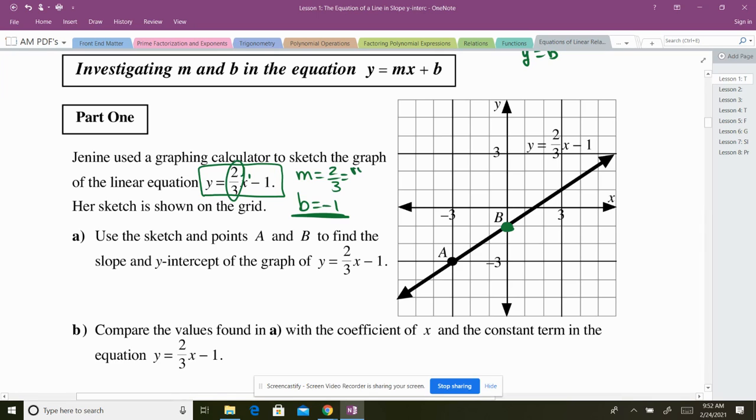So my rise is 2 and my run is 3. From that point, I count up 1, 2, and then my run is 1, 2, 3. There's my second point. And you can draw the line just like they did. Because it's an equation, you can draw it forever in both directions, put arrows on the ends, and you're done. Does that make sense? The equation tells you everything.